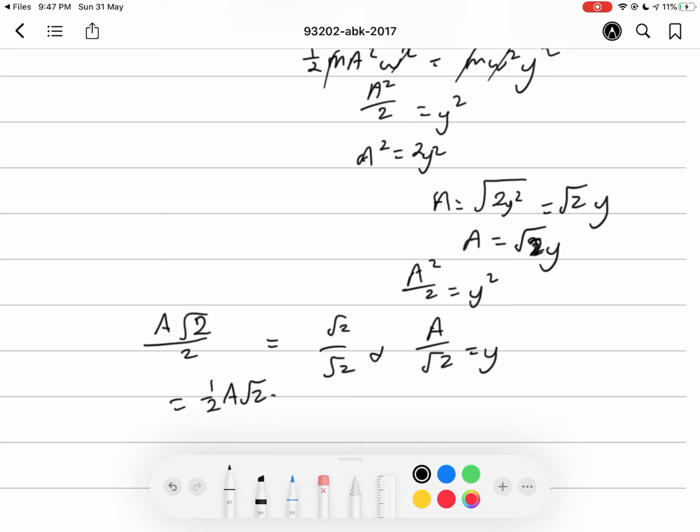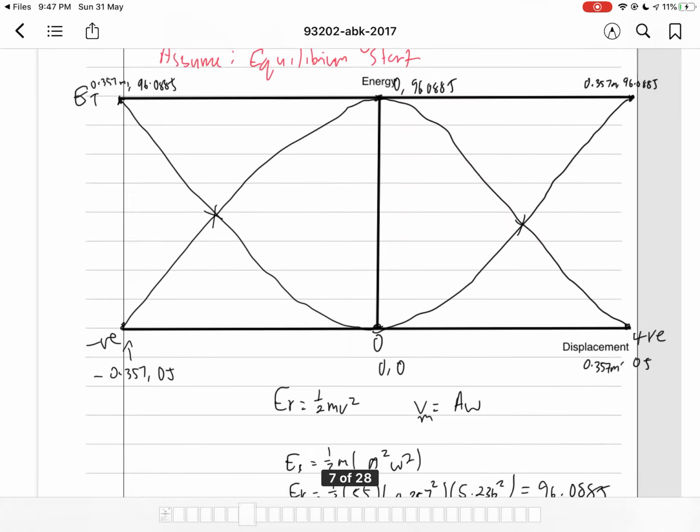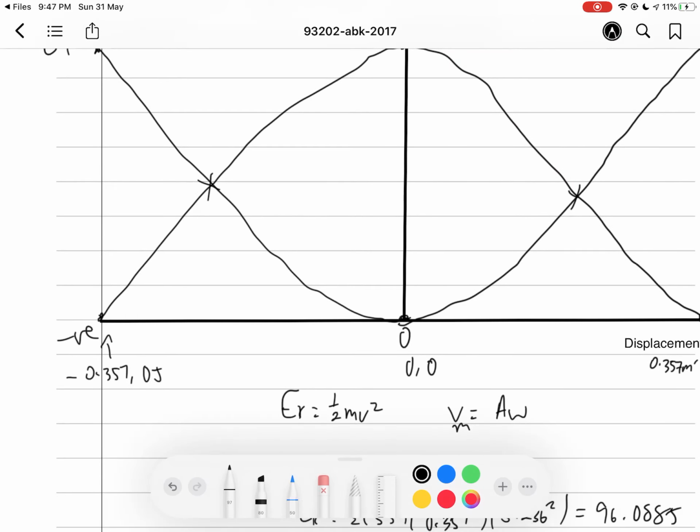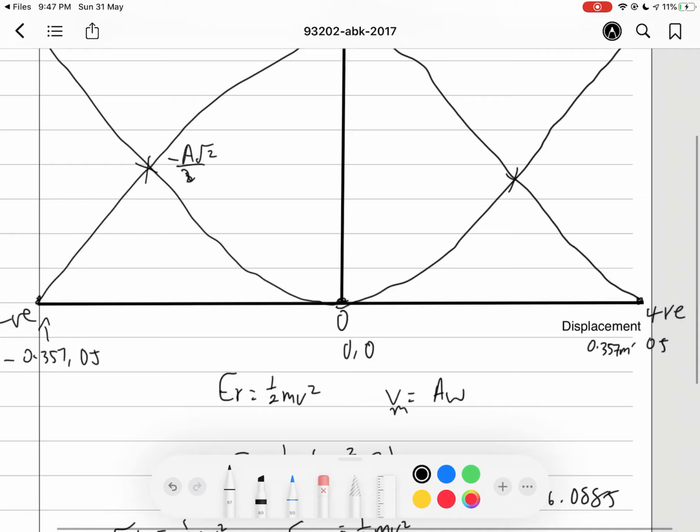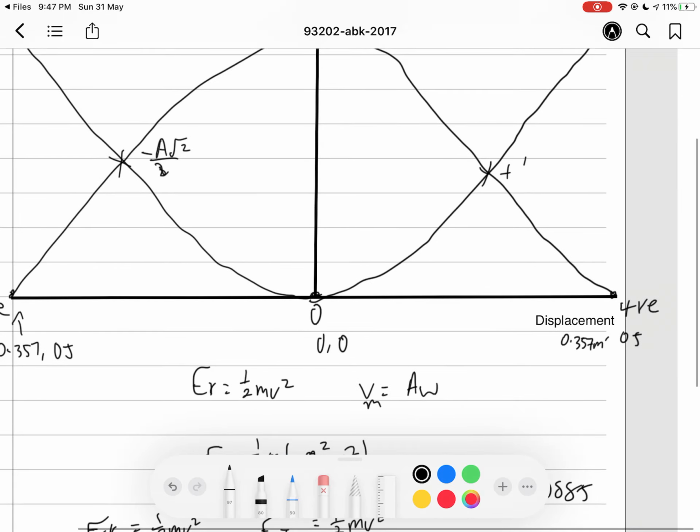Alright, so we know that the graphs will intersect at this point of amplitude times root 2 over 2. That's the point of intersection of here and here. So this is negative, and this would be positive a.